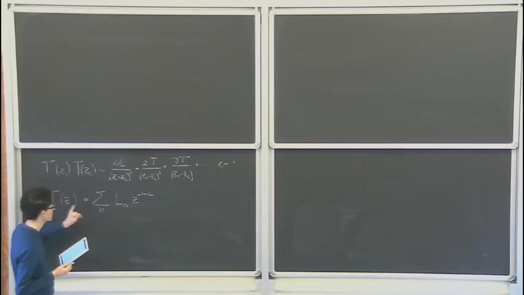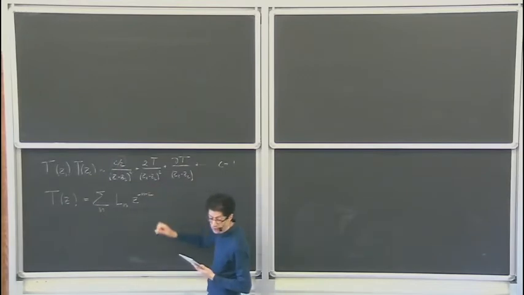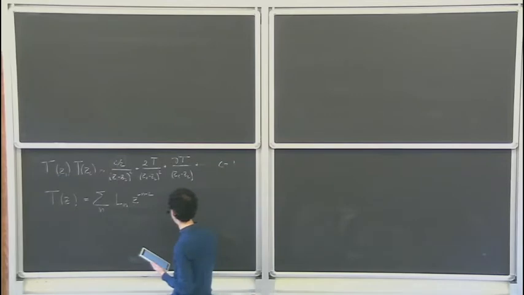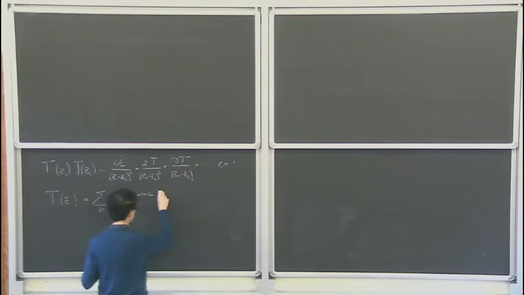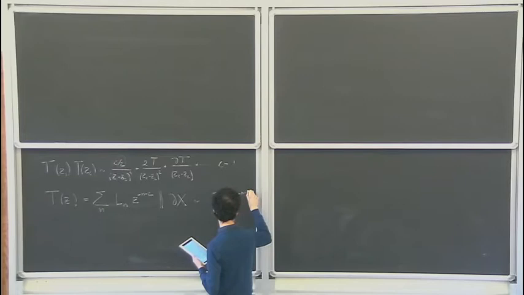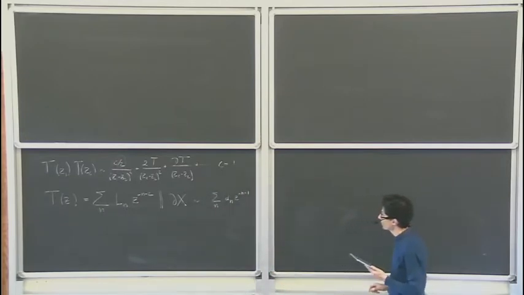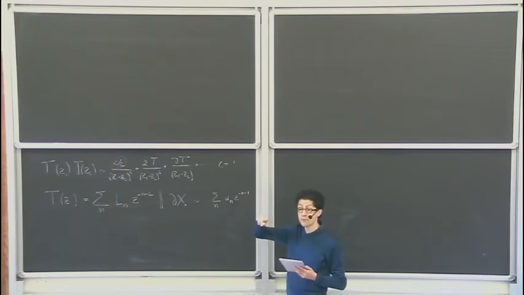Traditionally, the modes of the stress tensor are called L. And you see that this shift is very similar to what we had for delta X, this is something that I was mentioning yesterday. The mode expansion for delta X was this, right?